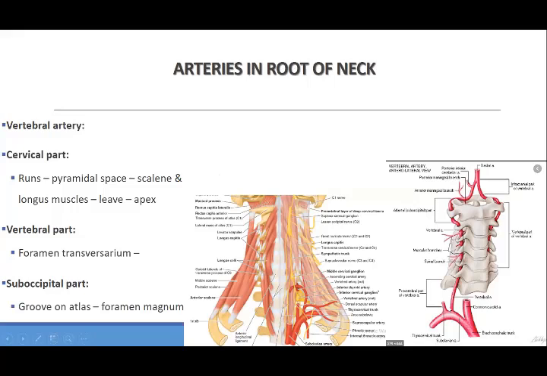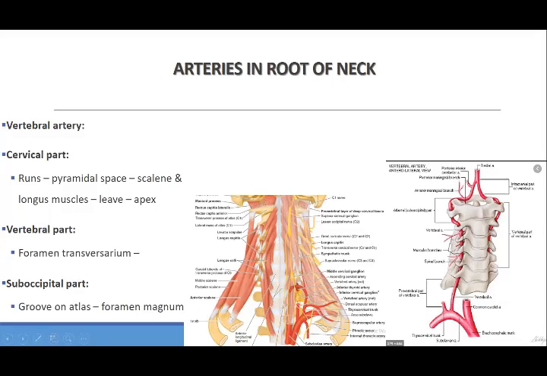This cervical part actually runs in a pyramidal space. ये जो pyramidal space है, before I go any further, this muscle is the scalenus anterior. This is the longus colli, and above this is the longus capitis. So this is the longus capitis, this is the longus colli, and this is the scalenus anterior muscle.